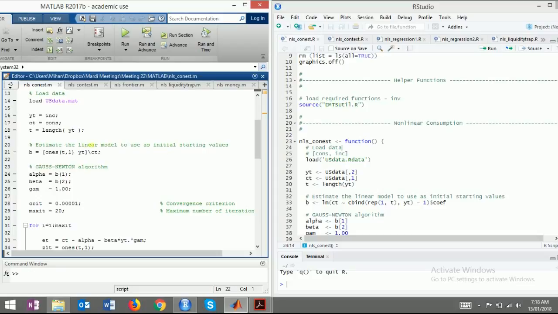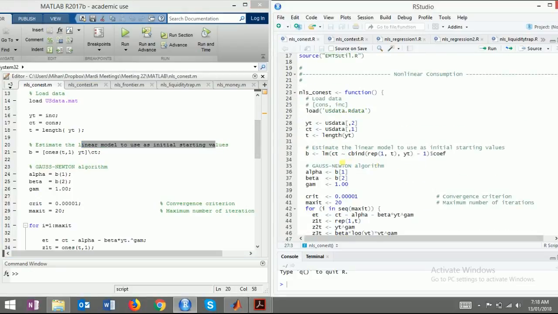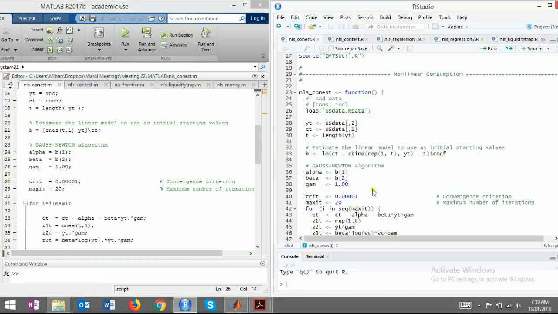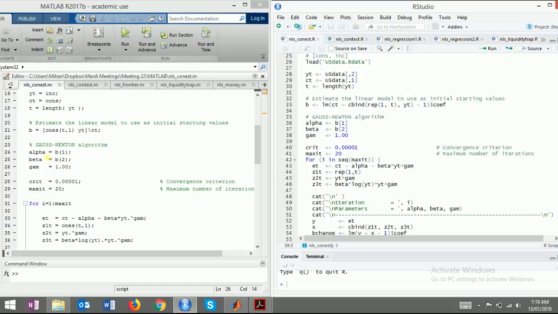Estimate the linear model to use as initial starting values. Regress C_T on a constant and Y_T: column bind, repeat 1 for T times, and Y_T, minus 1 coefficient. Then we are doing the Gauss-Newton algorithm, where alpha is 1, beta is B2, and gamma is 1.